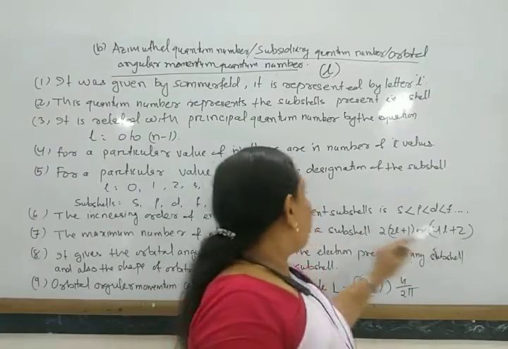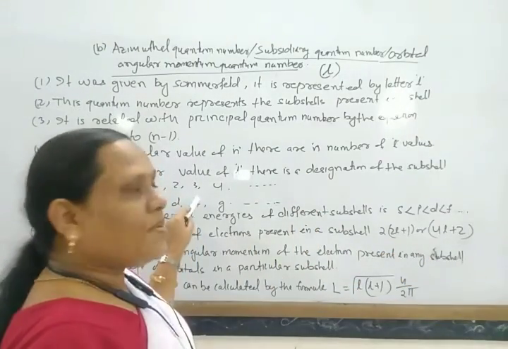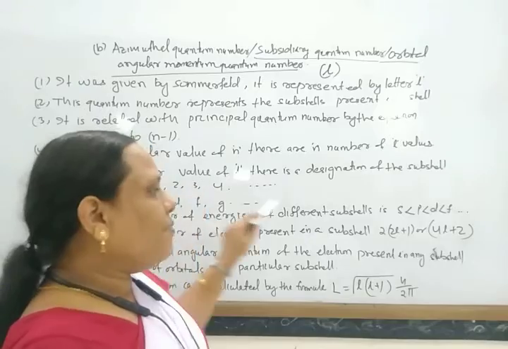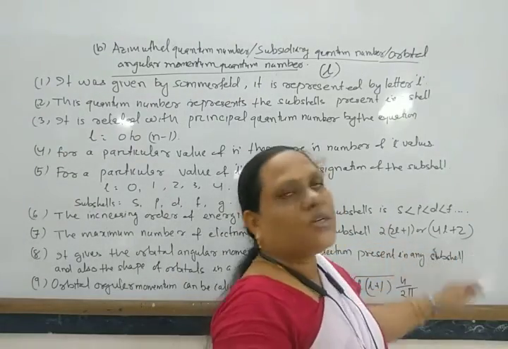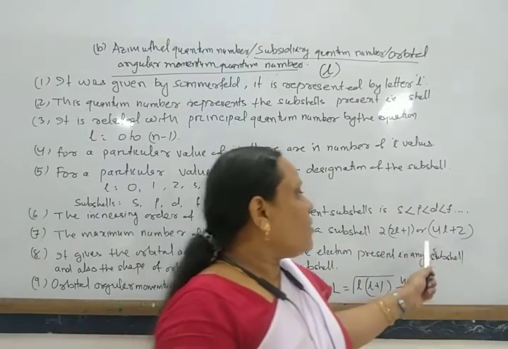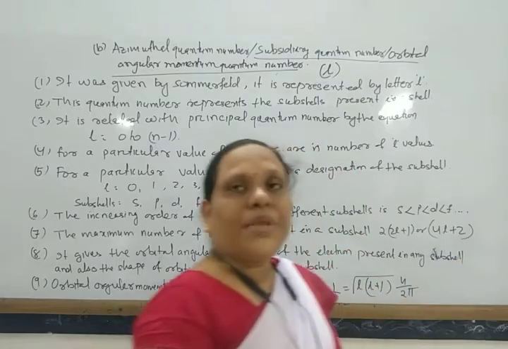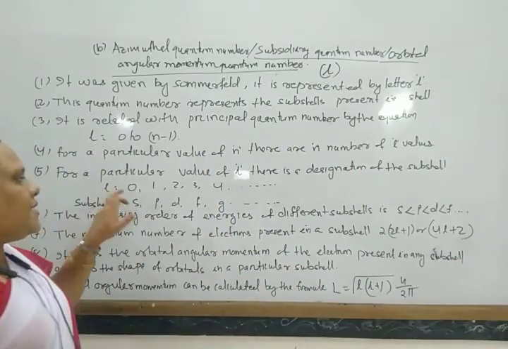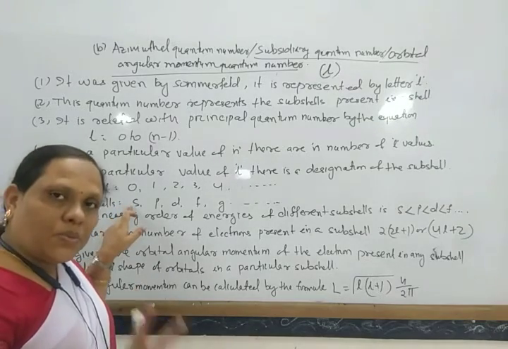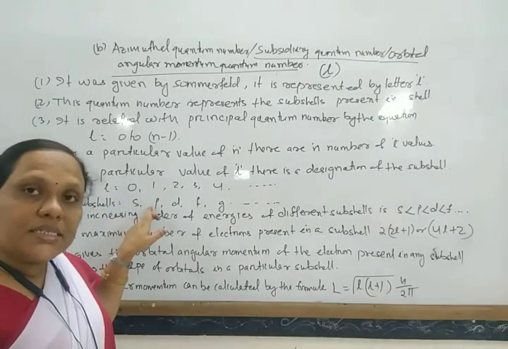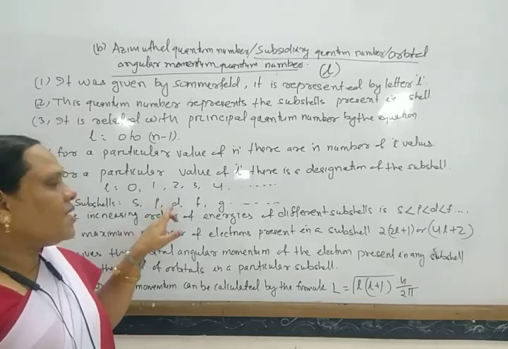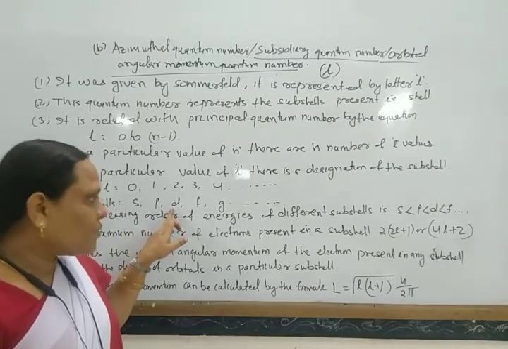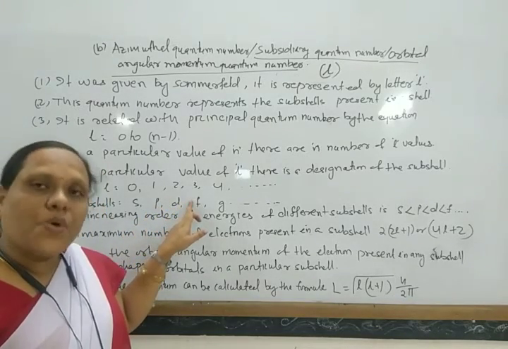And when L equal to 3, that means F. F means 4 into 3 plus 2, that is 12 plus 2, 14 electrons present in the F subcell. So the S subcell can accommodate a maximum of 2 electrons, P a maximum of 6 electrons, D a maximum of 10 electrons, F a maximum of 14 electrons.